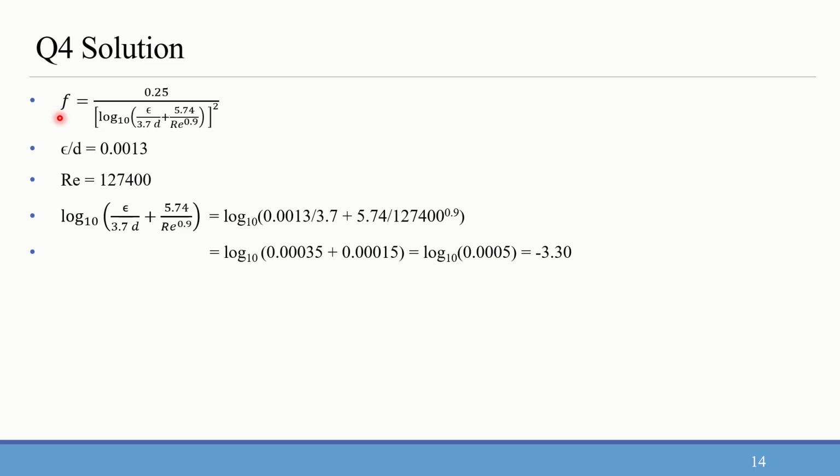Now if we substitute it here, f is equal to 0.25 divided by minus 3.30 to the power of 2. 3.30 to the power of 2 becomes 10.89, and 0.25 by 10.89 gives us 0.023 or 0.0229, depending on the number of significant digits we round off to. So our friction factor is 0.023. So that is how we do this particular problem.